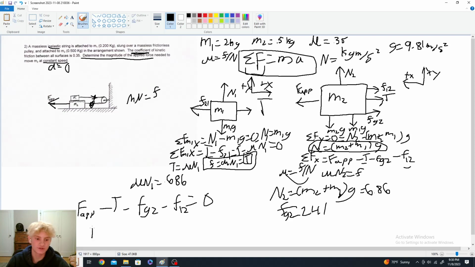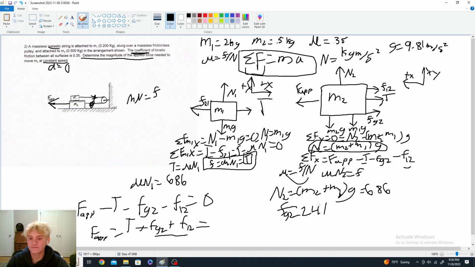We can make this equation: F applied equals tension plus frictional force of 1 on 2 and frictional force of gravity on 2, equals, boom, what? We put this in the calculator. We know 0.68 are these two. These two are 0.68. So multiply 0.68 by 2.